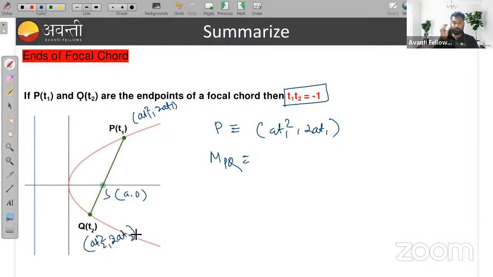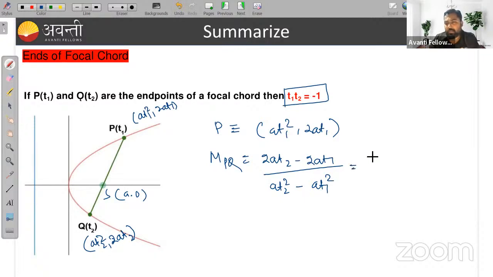Is that right? So can you find the slope of PQ? Yes, we can easily find it: y2 minus y1, that is 2at2 minus 2at1, upon at2 square minus at1 square.